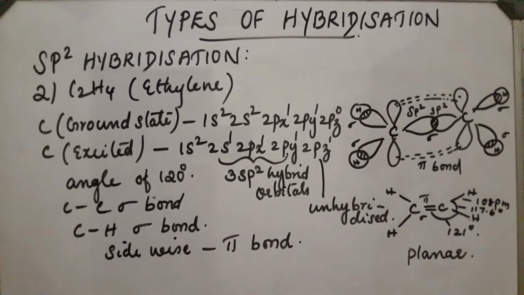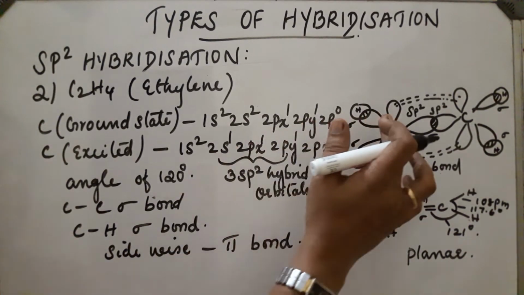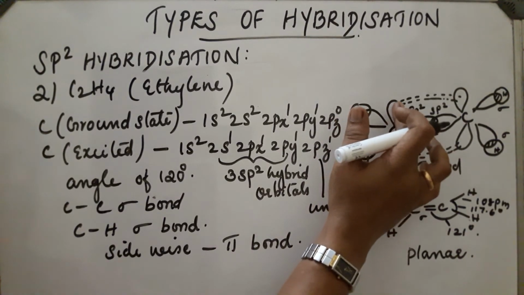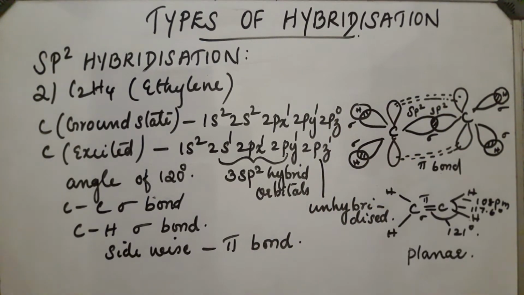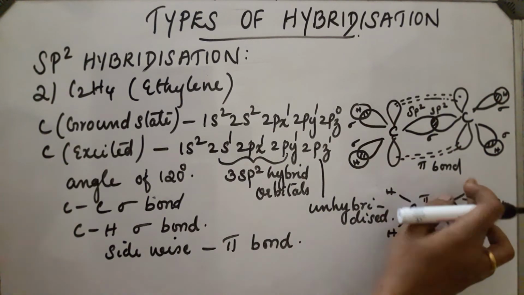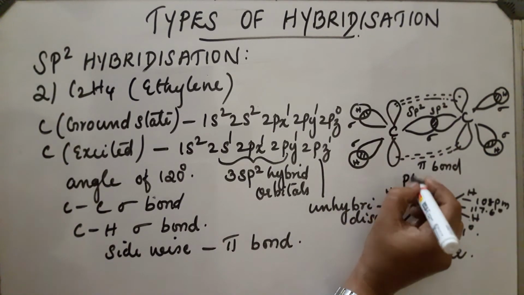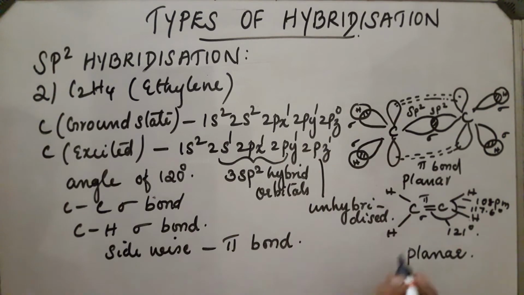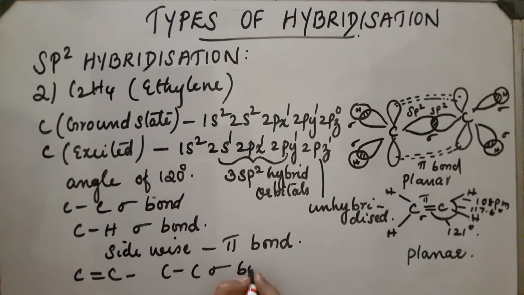An electron cloud is obtained equally above and below the plane of the sp2 hybrid orbitals, so a pi bond is obtained. This is the structure, and the molecule is planar. The C double bond C contains one C-C sigma bond and one C-C pi bond.